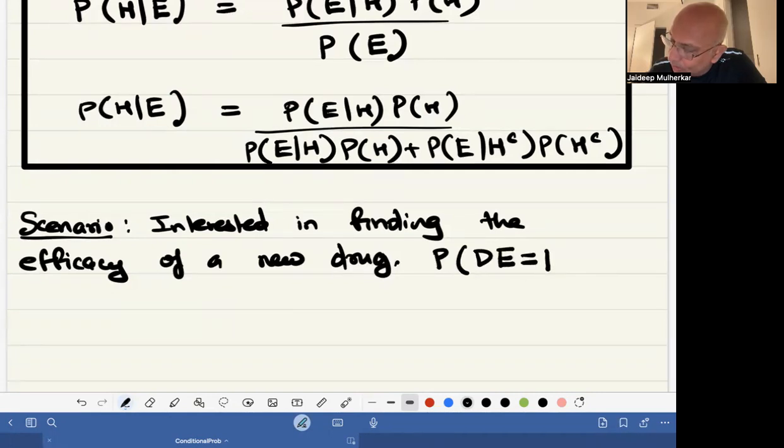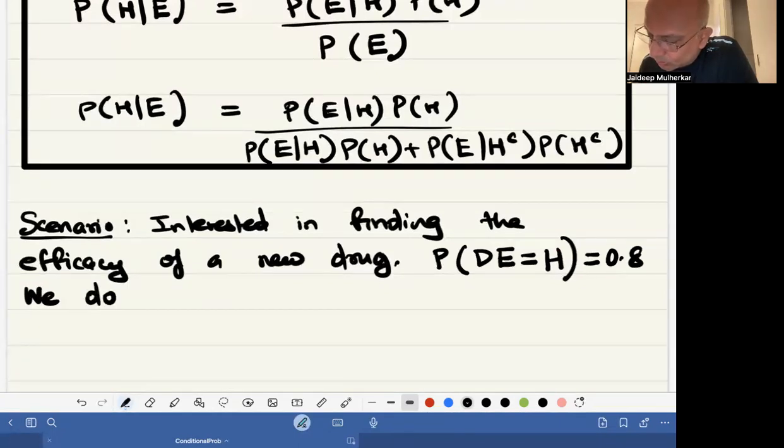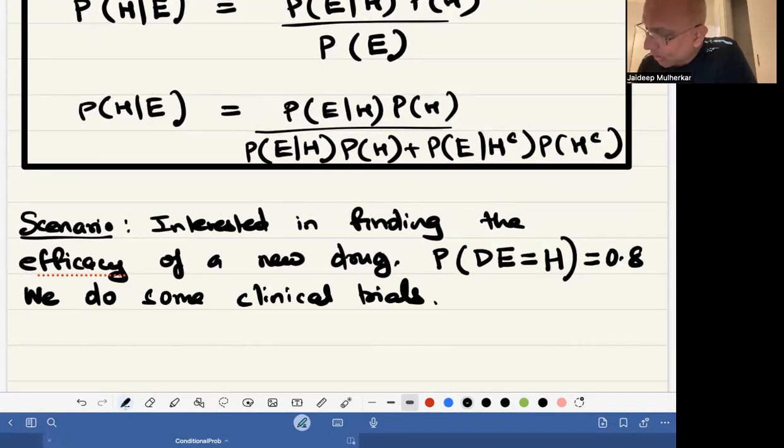And we believe that the drug efficacy is going to be high with probability, let's say 0.8. So this is our prior belief of the drug being highly effective. And then we go into clinical trials and we get some clinical data.